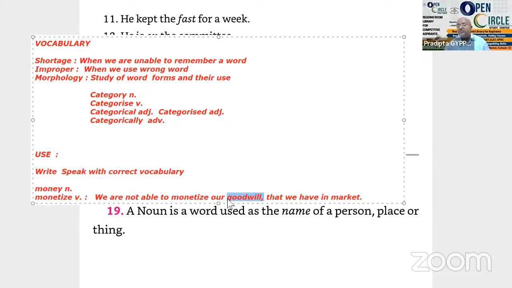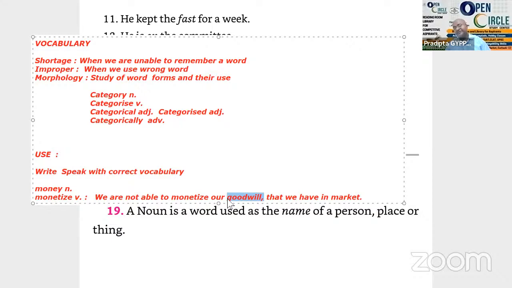For example, I asked you what's your toothpaste. You will say, sir, it is Pepsodent. Why do you buy Pepsodent? Because you have a trust in the brand. You have a trust in the product. This type of trust is called goodwill. So somebody said, we are not able to monetize our goodwill that we have in the market.